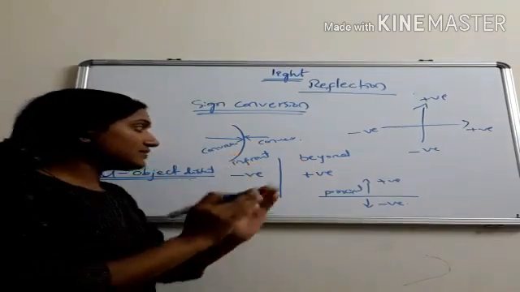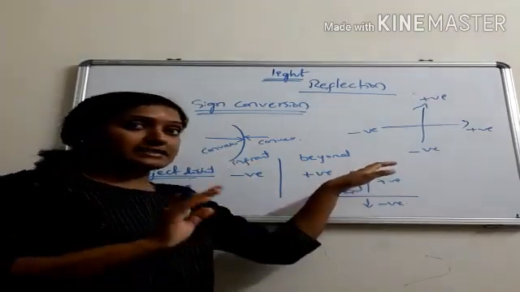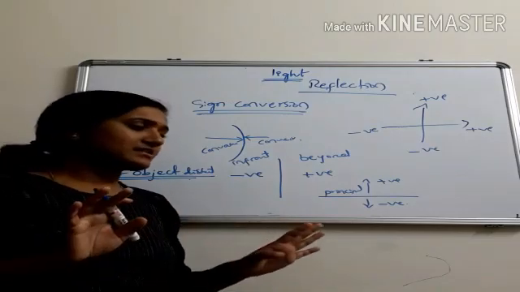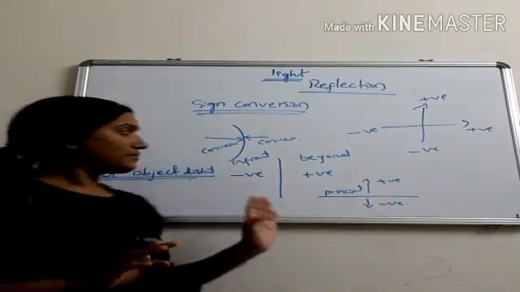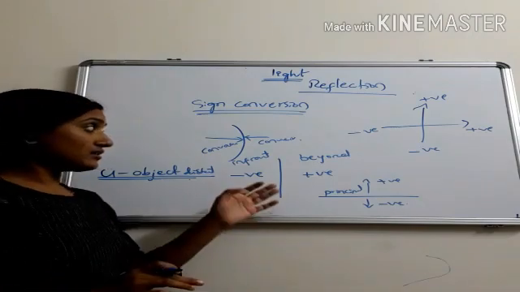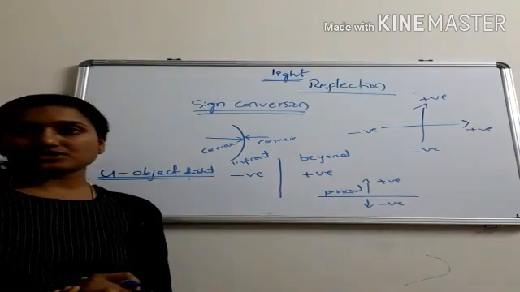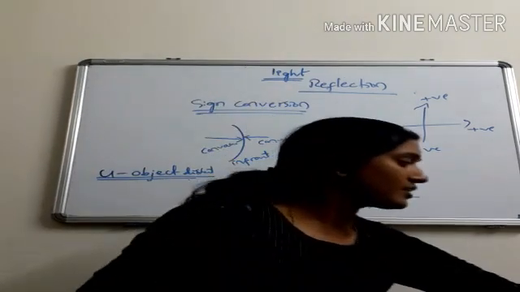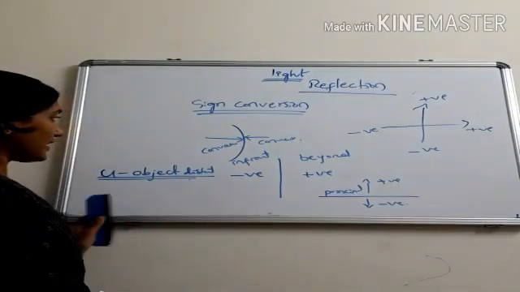If the image forms above the principal axis, positive; below the principal axis, negative. That's it. It's very simple. Then take a screenshot of this. Then we will learn the mirror formula and the magnification formula, two formulas. Then we can solve one problem. So take a screenshot or write it down.